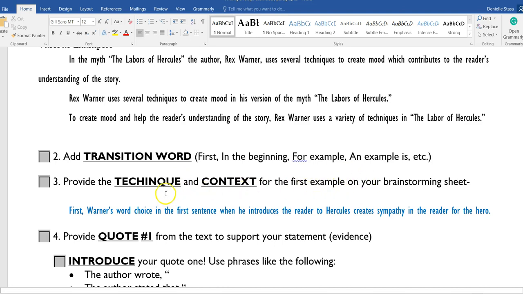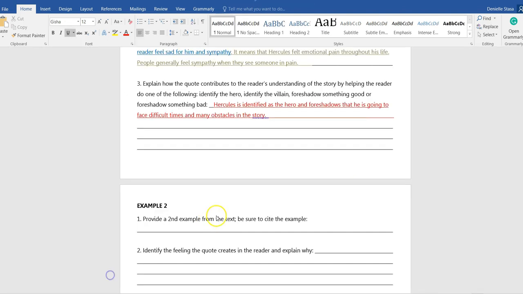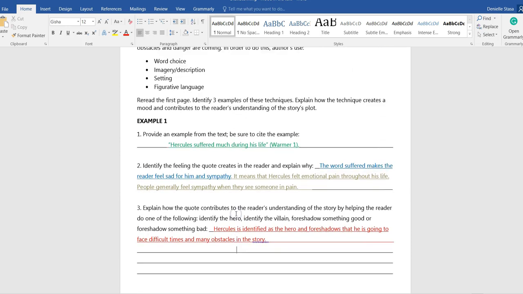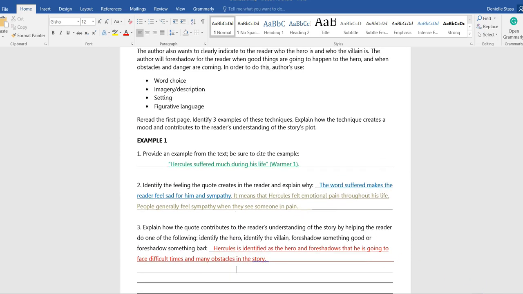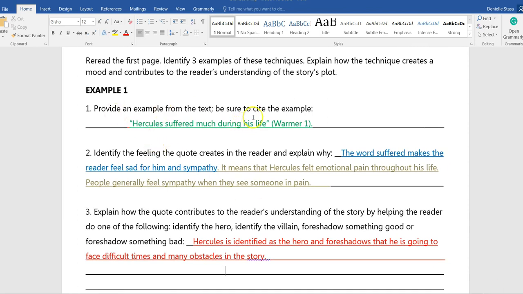Okay, so what you're going to do here is go back to your brainstorming sheet, and I'll pull my example up here. So I did a little example here for you. Pretend that this is what I wrote for my brainstorming sheet. I have my quote here that we discussed in class, with my citation.